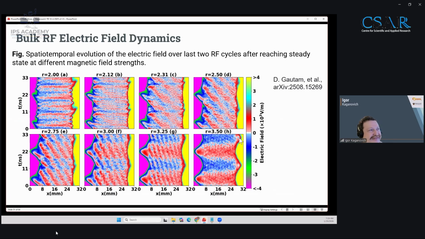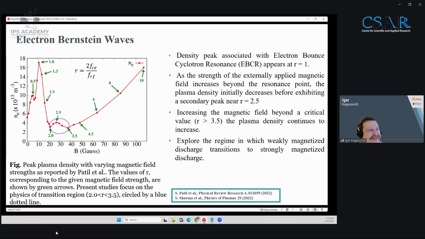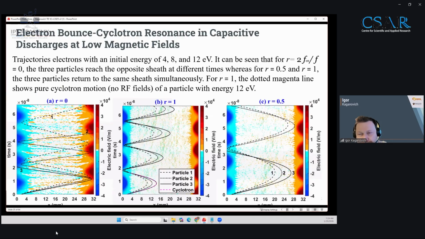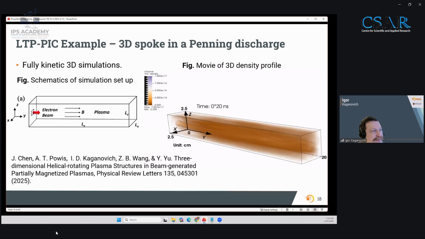Okay, that is very interesting. We also do some electron beam discharges, and you also showed some interesting results from that.